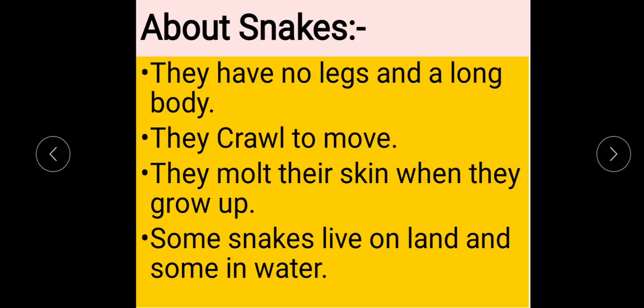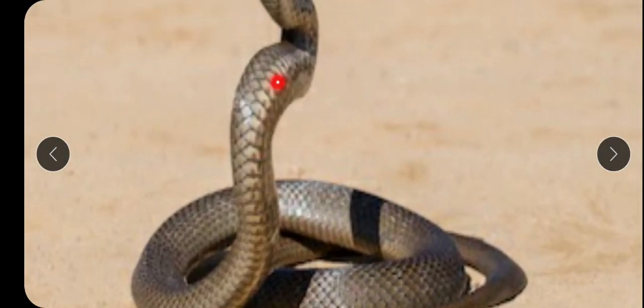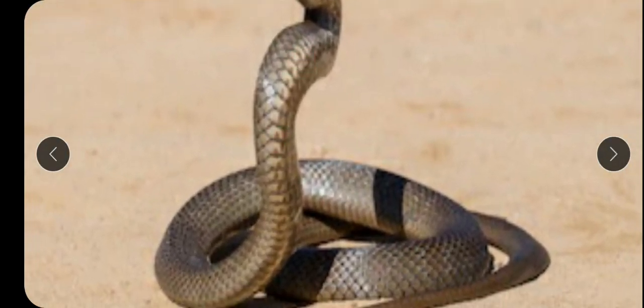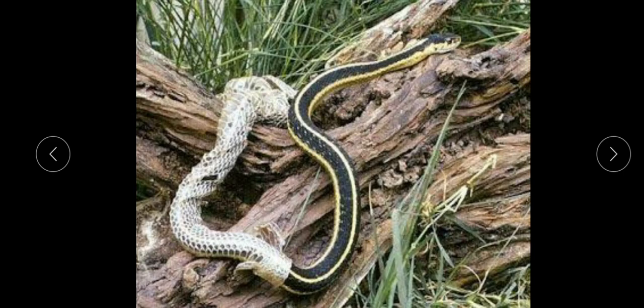Okay, what is called molting? Here, if we see the skin of a snake, these are some small and very hard areas, we can say, if we touch it, right? Some small, hard and dry areas. So this type of skin is called scaly skin, and this process is called molting.